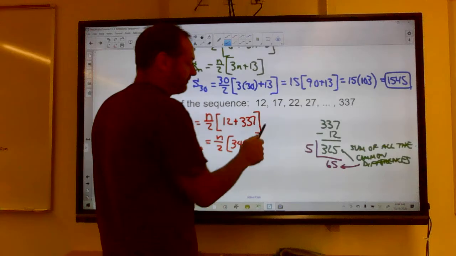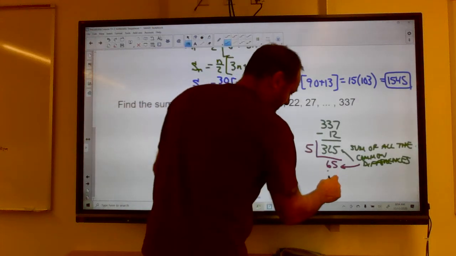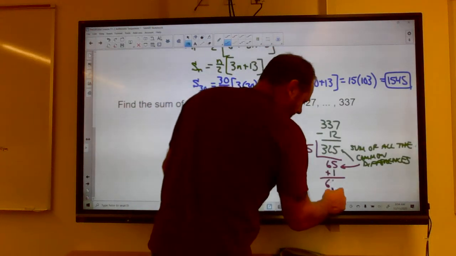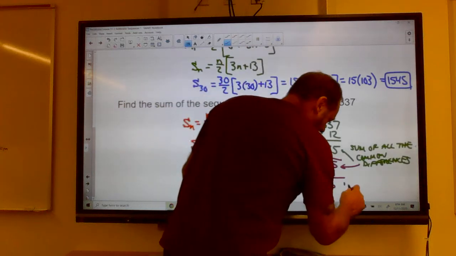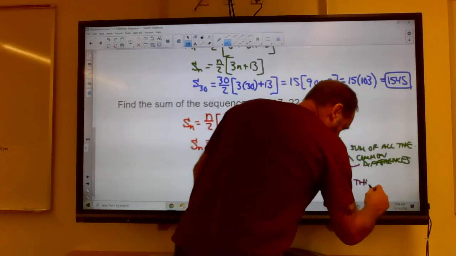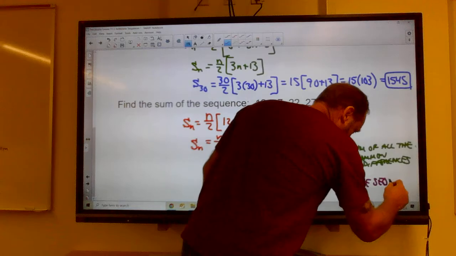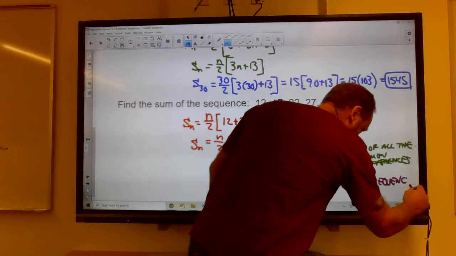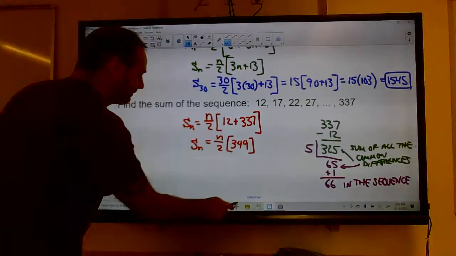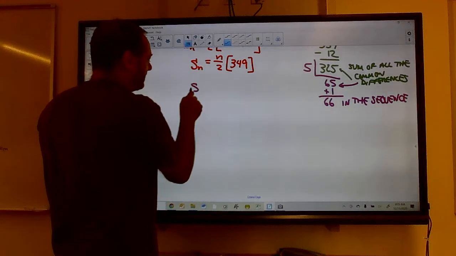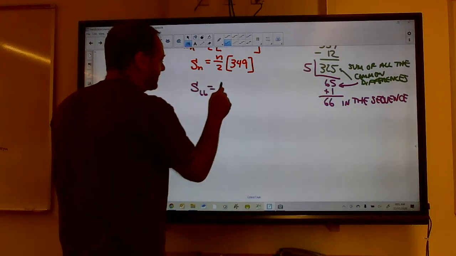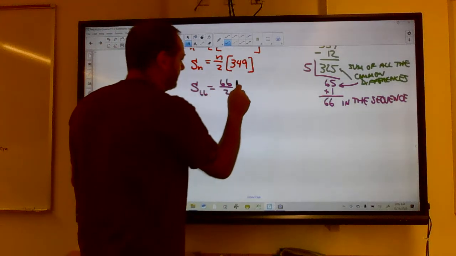It's all the ones after that. So if I have 65 common differences, I add back the first term. That means there's 66 numbers in the sequence. So I'm finding S sub 66, and I can go ahead and put 66 in here for n.